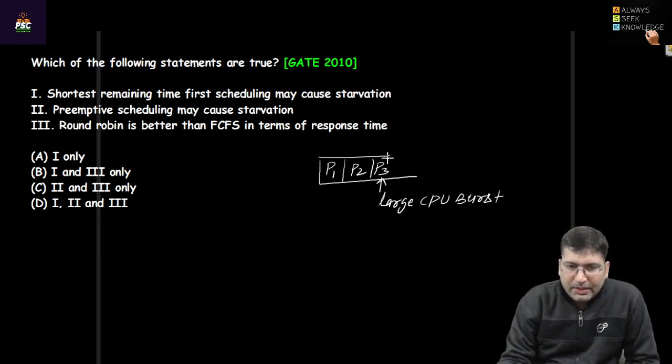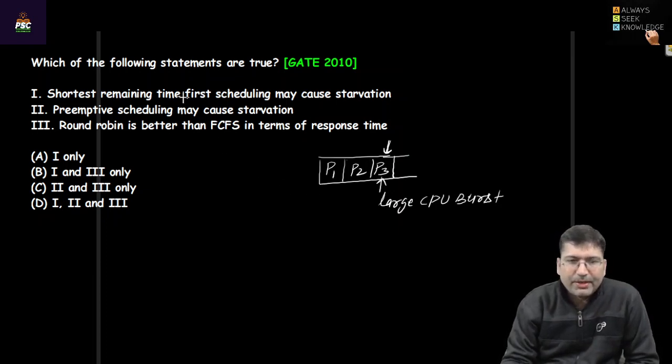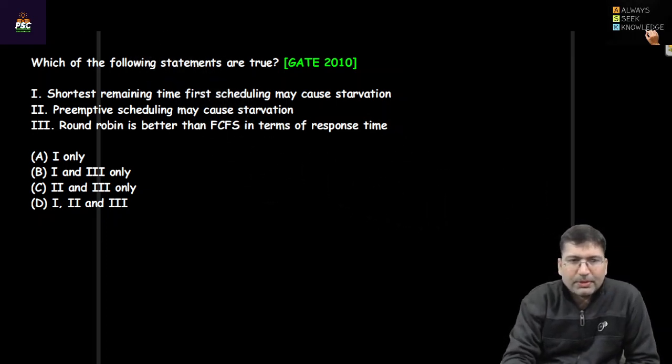And if again and again the processes coming into the ready queue are requesting fewer CPU cycles, then this P3 must be waiting for a very long period of time to get the CPU. That means there are considerable chances of a starvation kind of situation, right? So the very first statement is true, no problem in that.